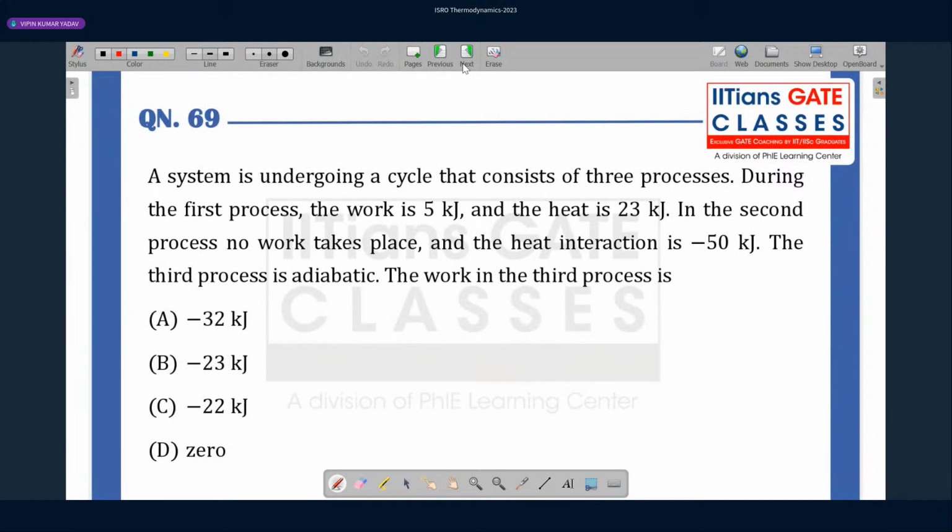A system is undergoing a cycle that consists of three processes. During the first process, let me take it on the other page.